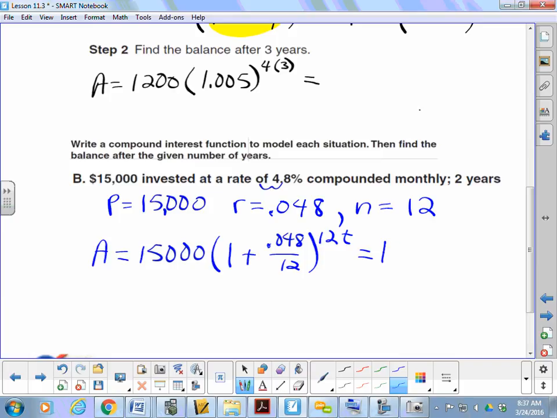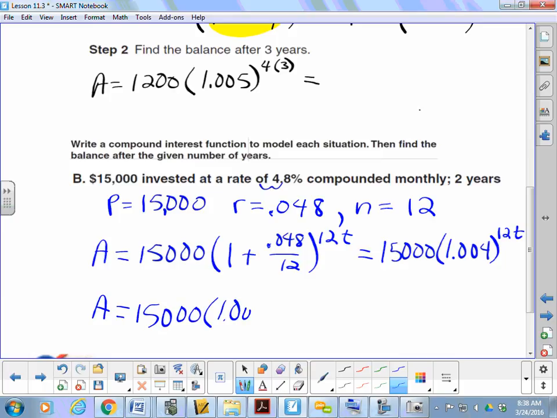So 15,000 times 1.004 to the power of 12t. That's the function model. Then we will stick 2 in there to find out how much that investment is worth in 2 years.